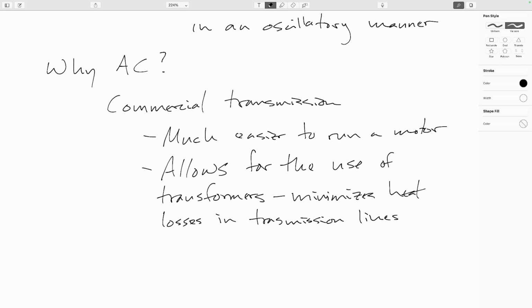Now, this all being said, as we get into this, we'll see that we haven't completely buried DC yet. In fact, in some ways, it's making a bit of a comeback. This is because solar panels, which are becoming a bigger and bigger means of producing electricity, are uniquely DC devices.